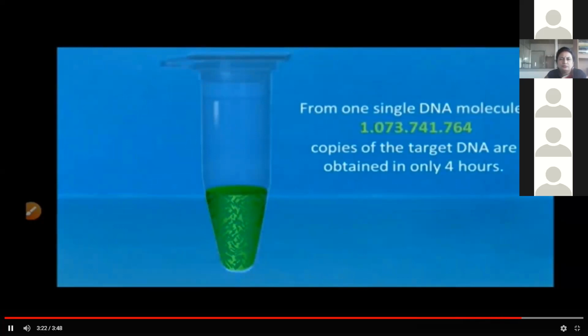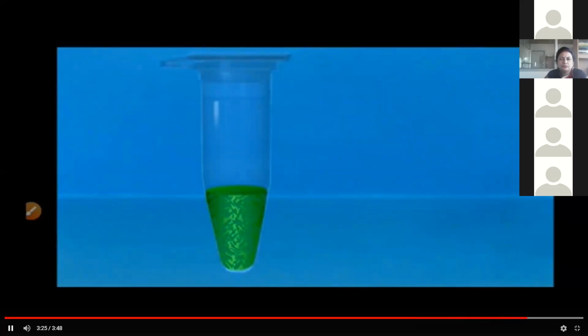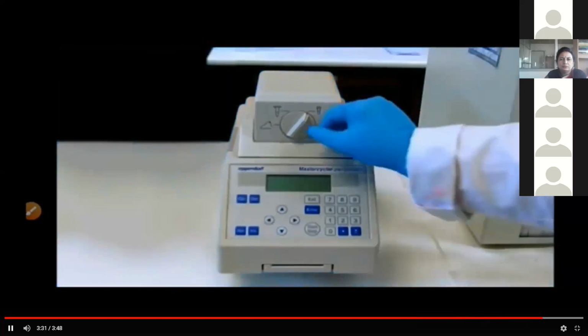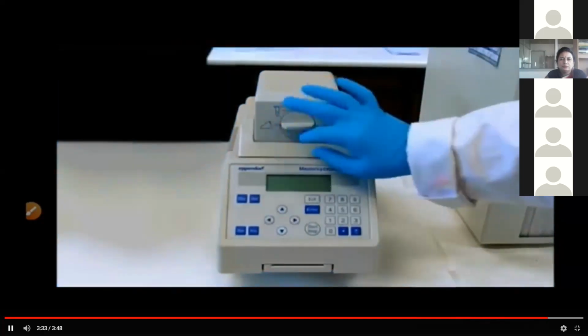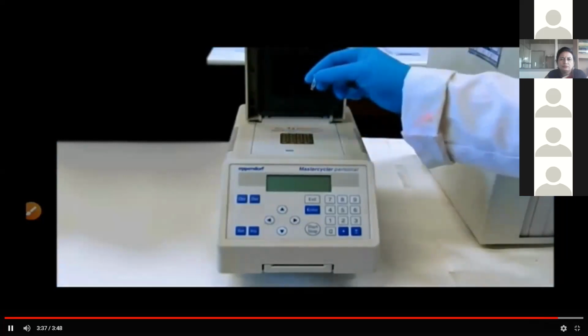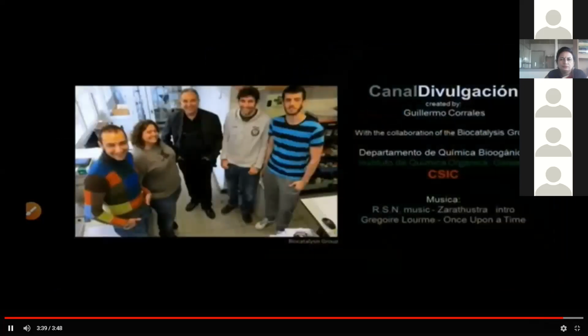From one single DNA molecule, so many copies of DNA can be synthesized in a very short period of time. Now take out the tube and check whether it has been completely amplified or not.